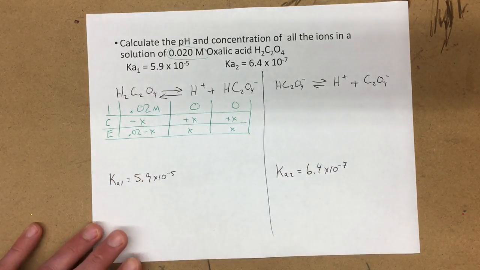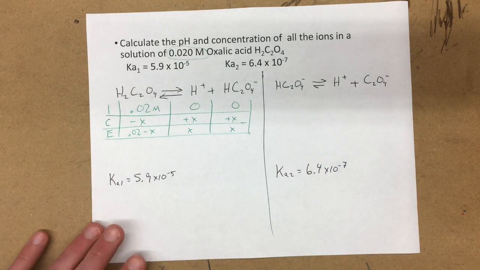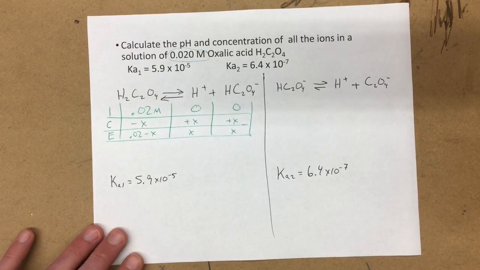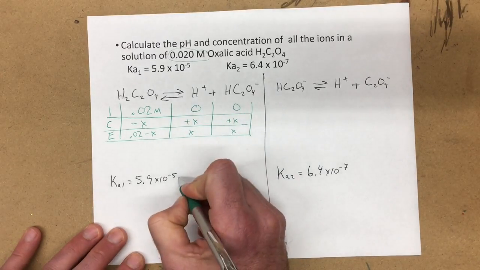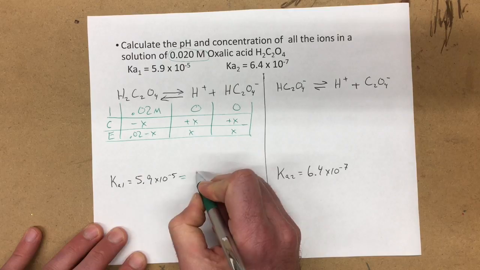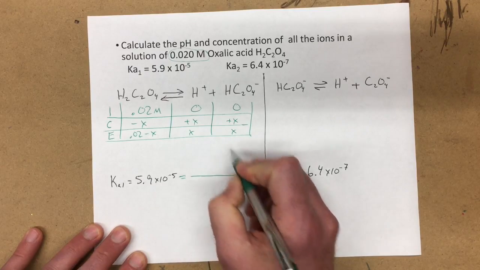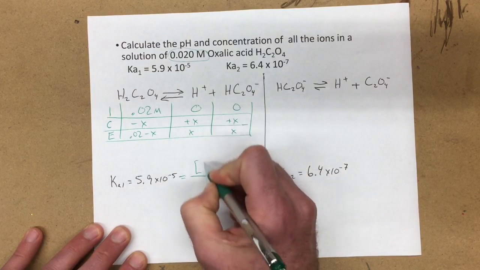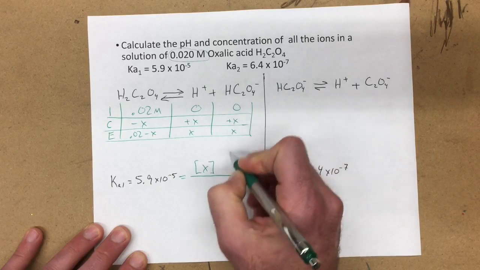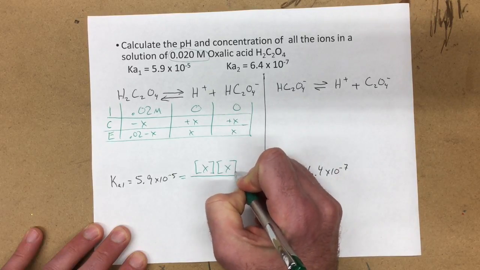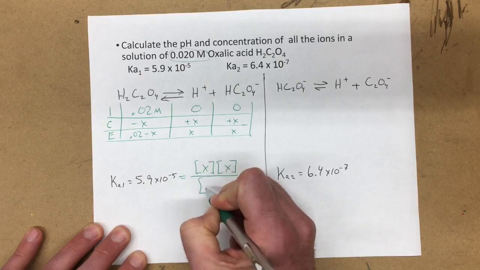Everything so far looks like when we're doing the monoprotic weak acids. Then this equilibrium expression will have the hydrogen on top, which is x, the conjugate base, which is also x, and then the acid on the bottom.